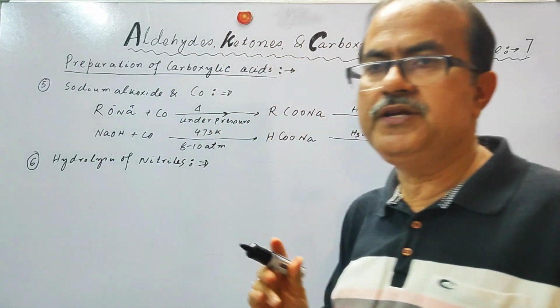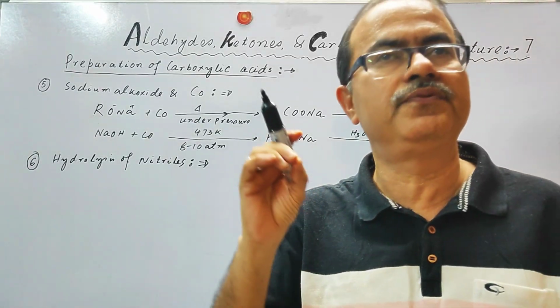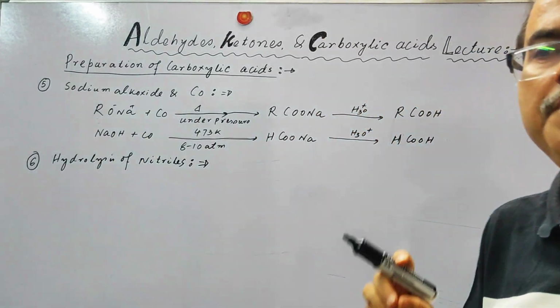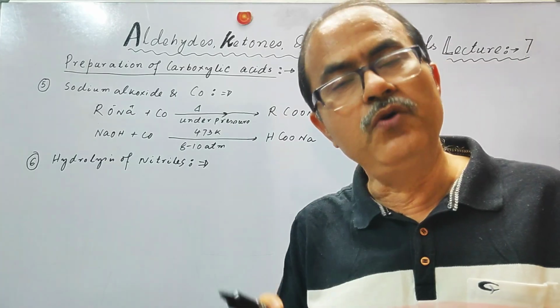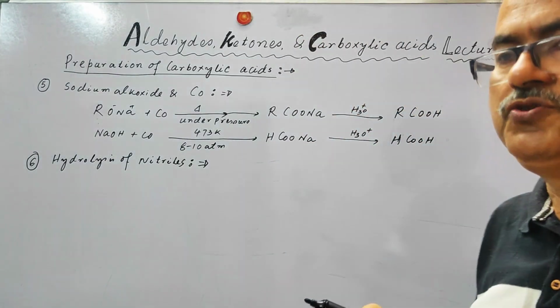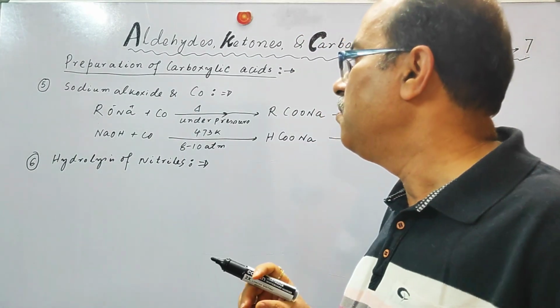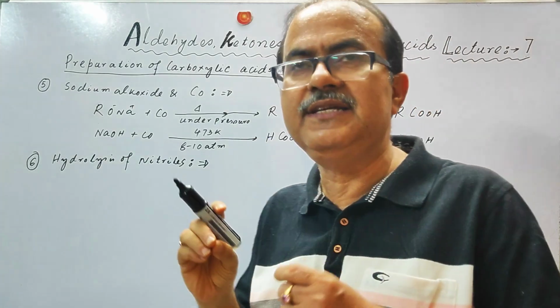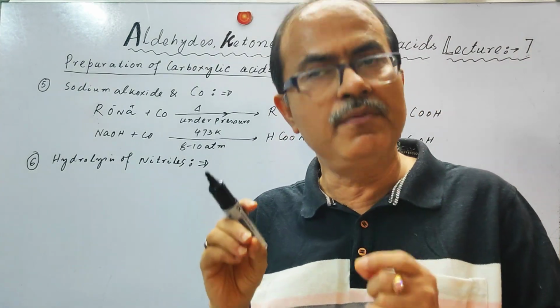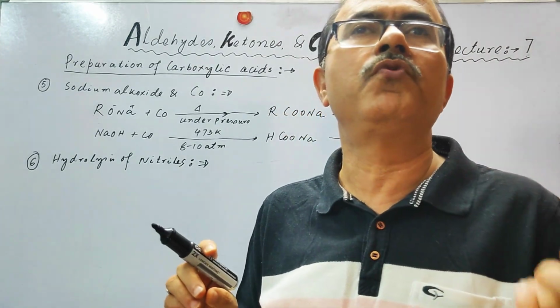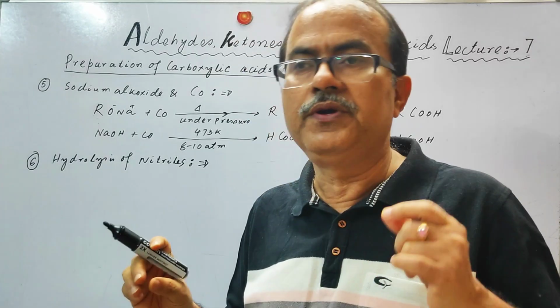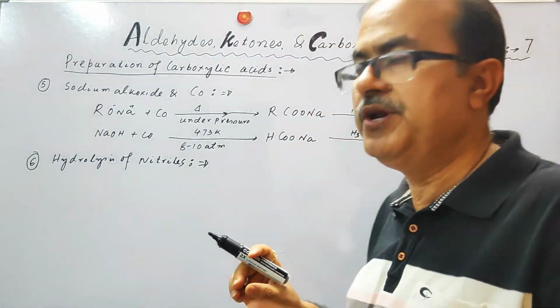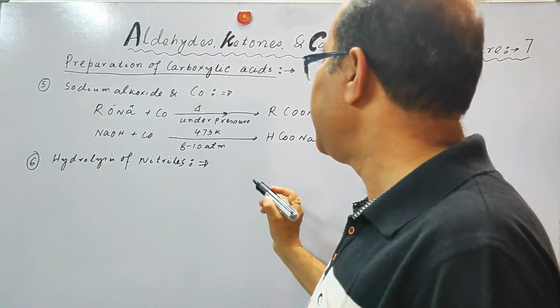In this case, the hydrolysis can be carried out in presence of acid, or in presence of OH minus, that is in alkali. In presence of acid, it is going to create the ammonium ion, and in presence of OH minus it is going to create ammonia. So let us understand the reaction.